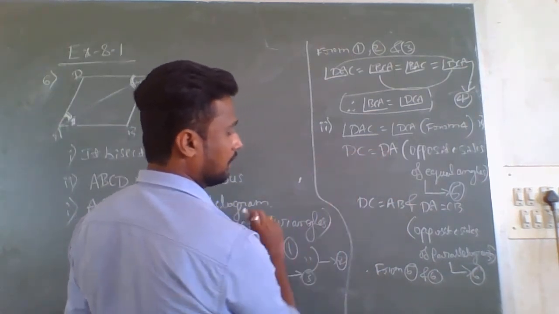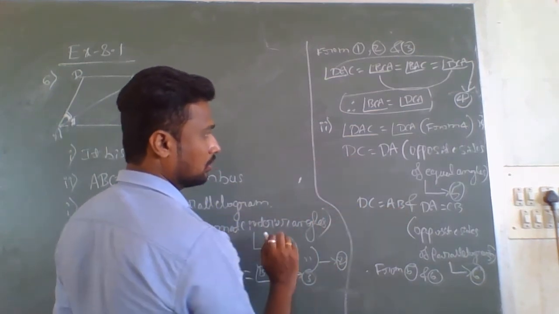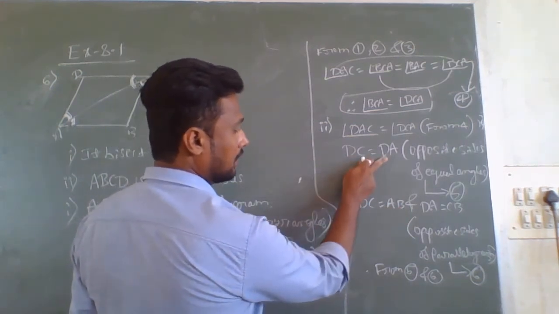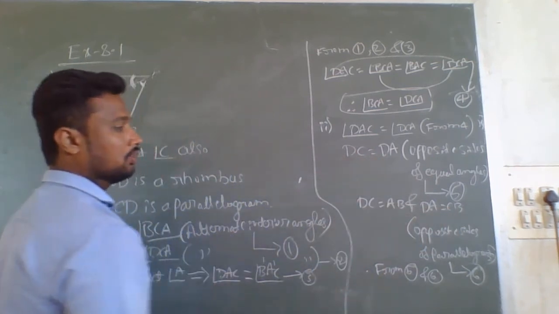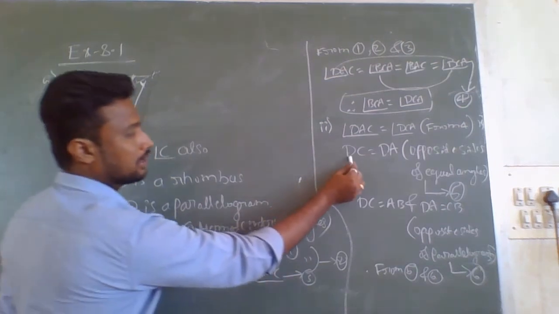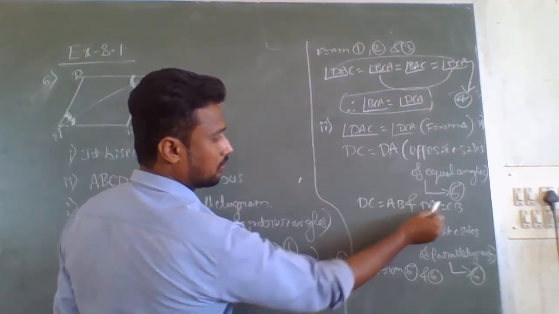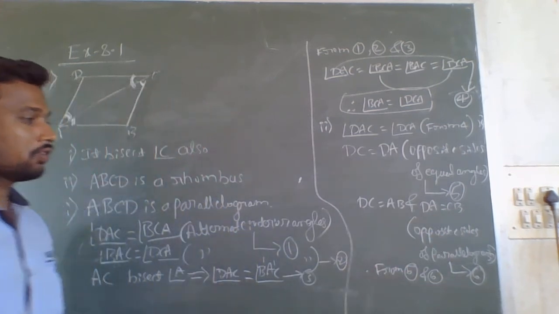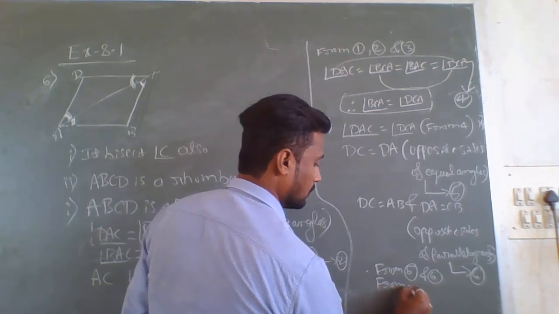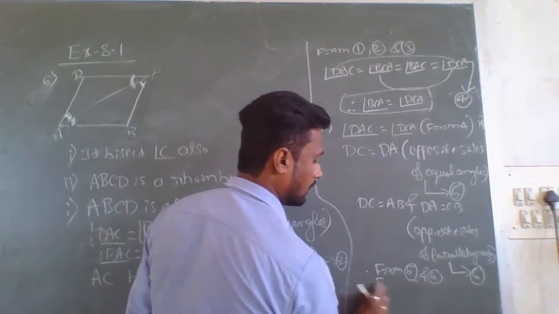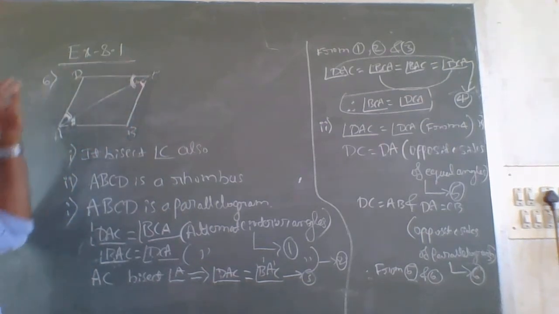DC is equal to DA, DC is equal to AB also, and DA is equal to CB also. Therefore, all four sides are equal.